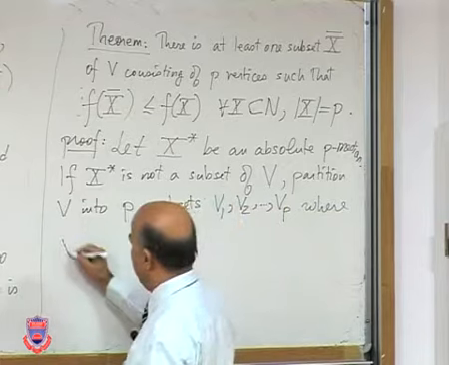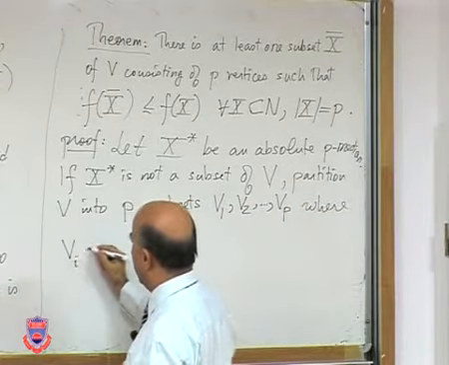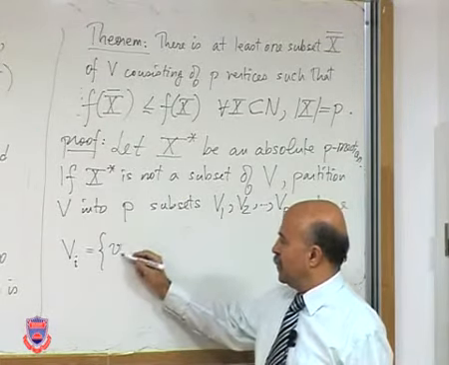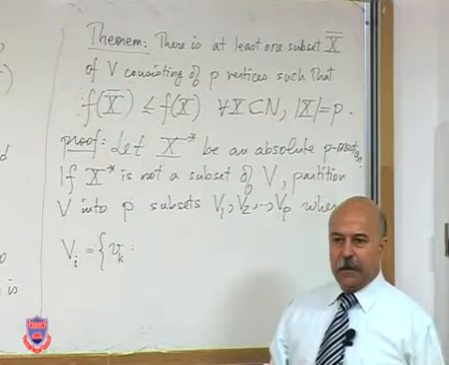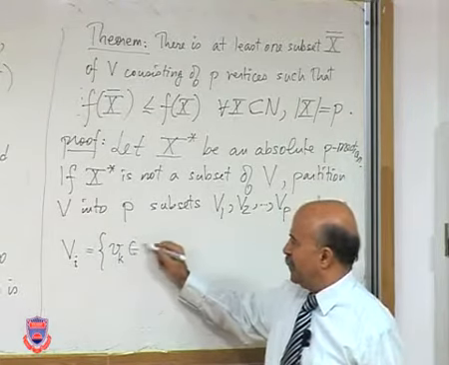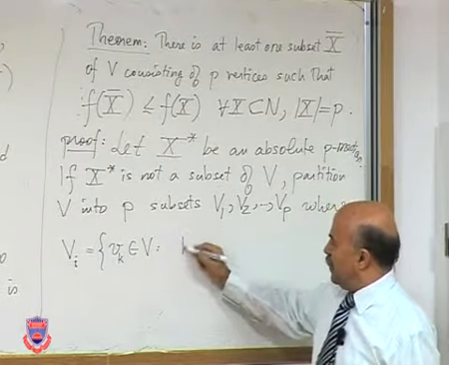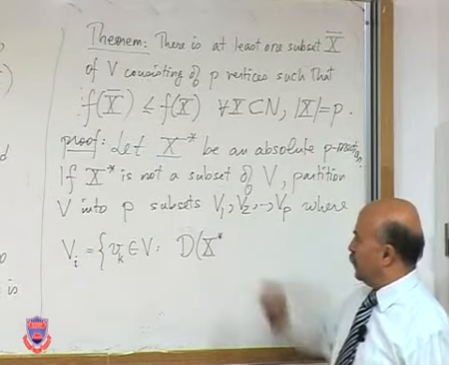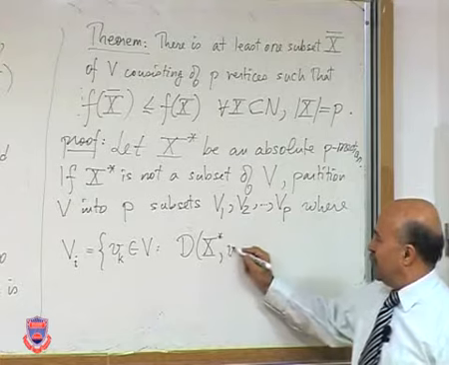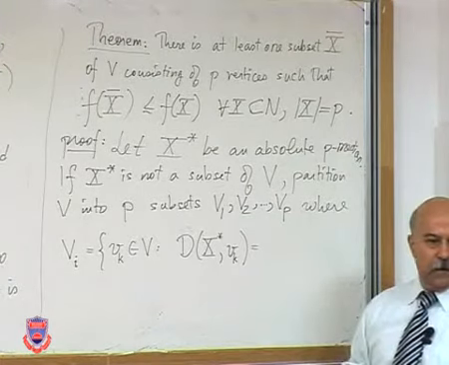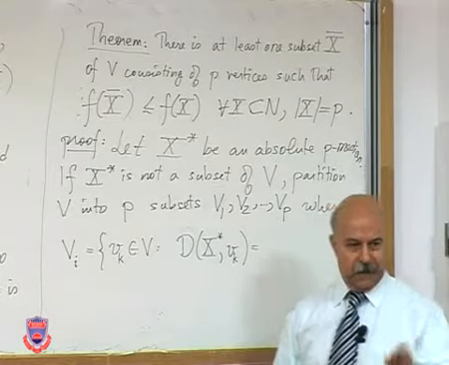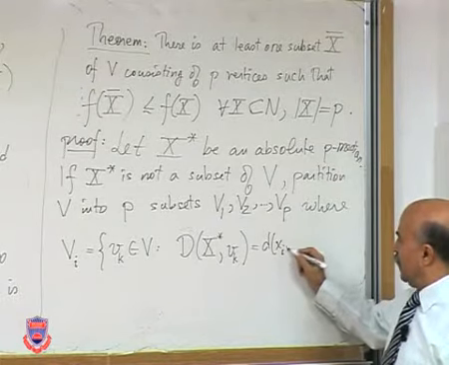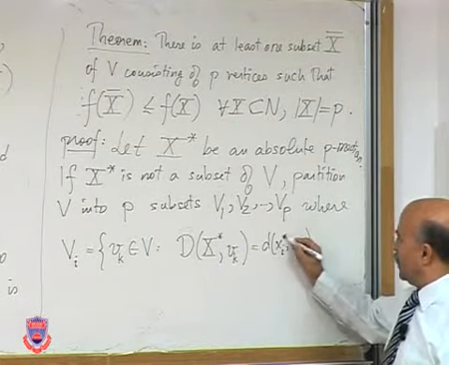Where Vi consists of all those vertices, say Vk, in the vertex set, such that the distance, capital D, relative to X star, of Vk is defined by the ith x, so it's defined by d(xi, Vk) with a star.